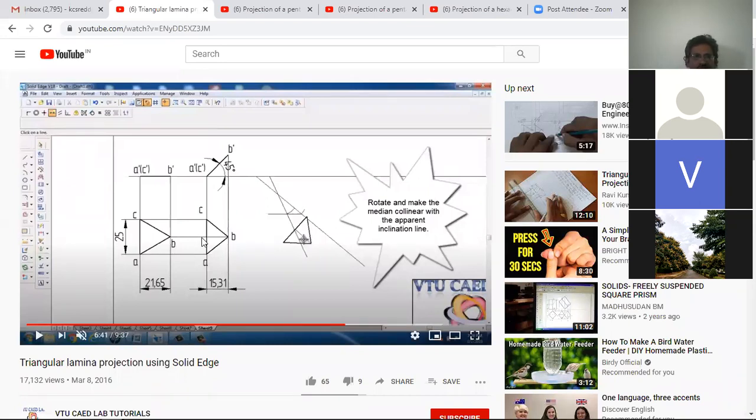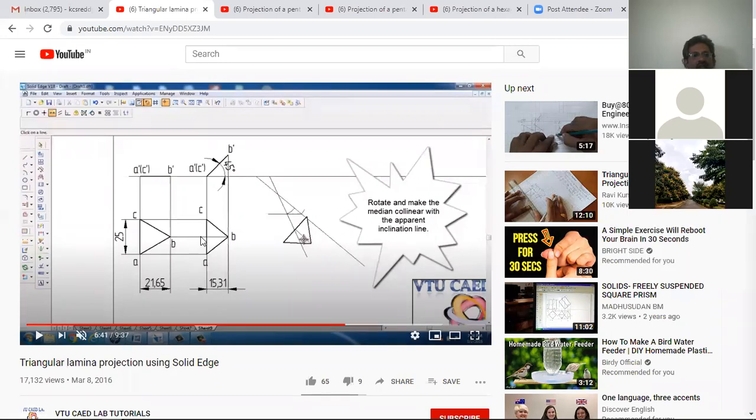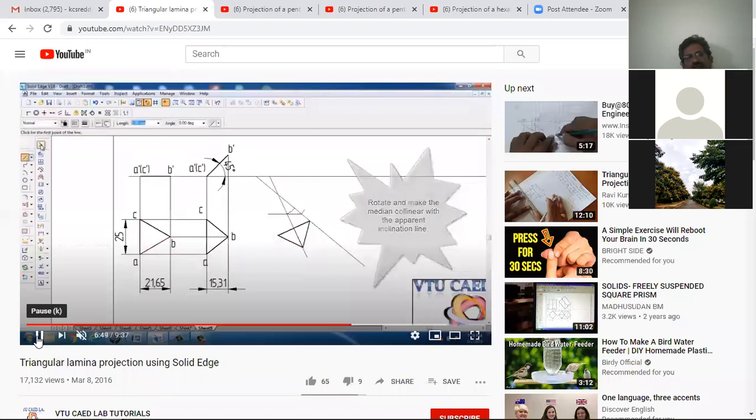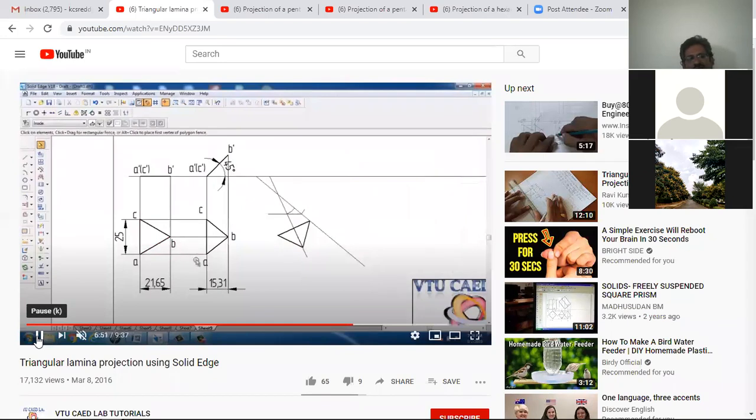Say for example, if you take this as M, this M end point will be placed here, and then the rotate command can be used. Okay. He is using the collinear command. And naming.